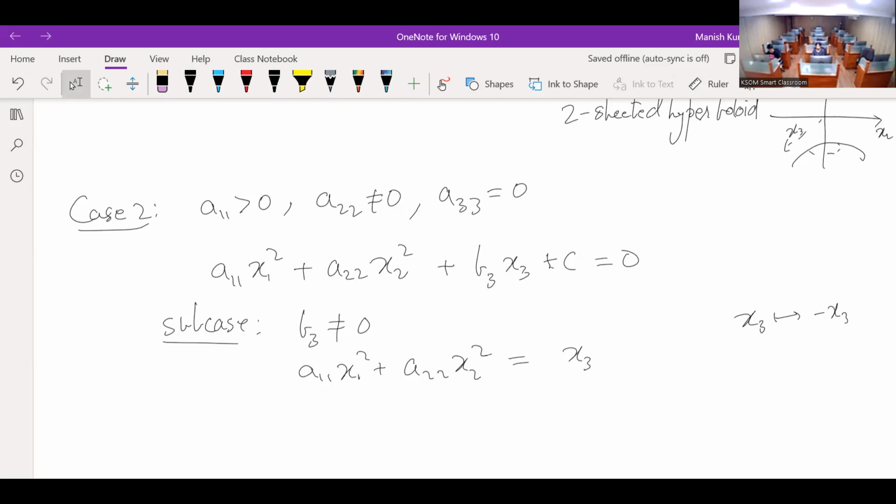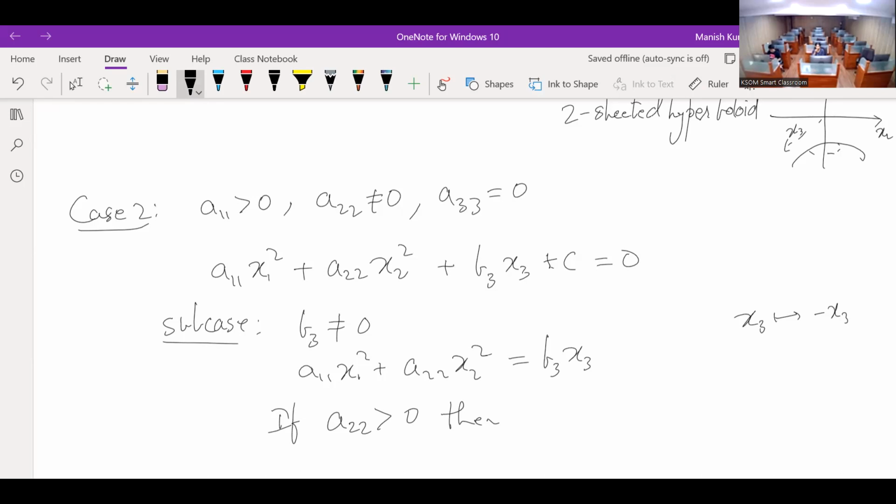Okay. So this has two cases. It depends upon if A22 is positive, then remember, for each value of x3 it will be an ellipse. For each positive value of x3 it will be an ellipse.